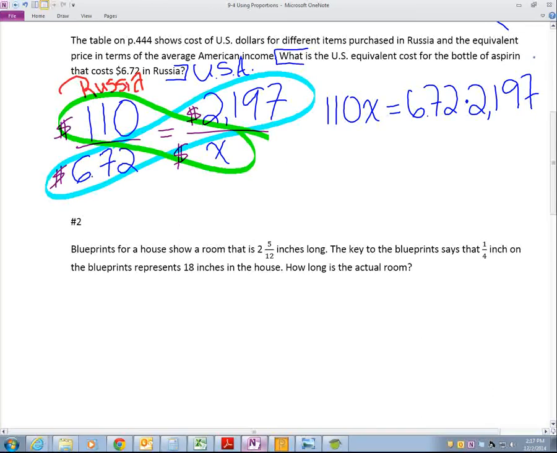Now, we are going to multiply 6.72 times 2,197. After I do that, I would have 14,763.87. Now, this is exactly what we have been doing for 2 months now.